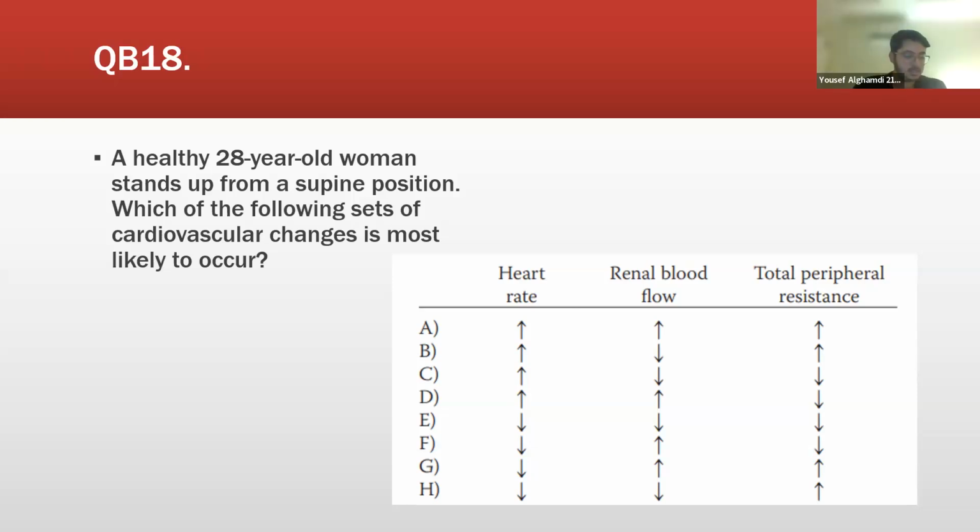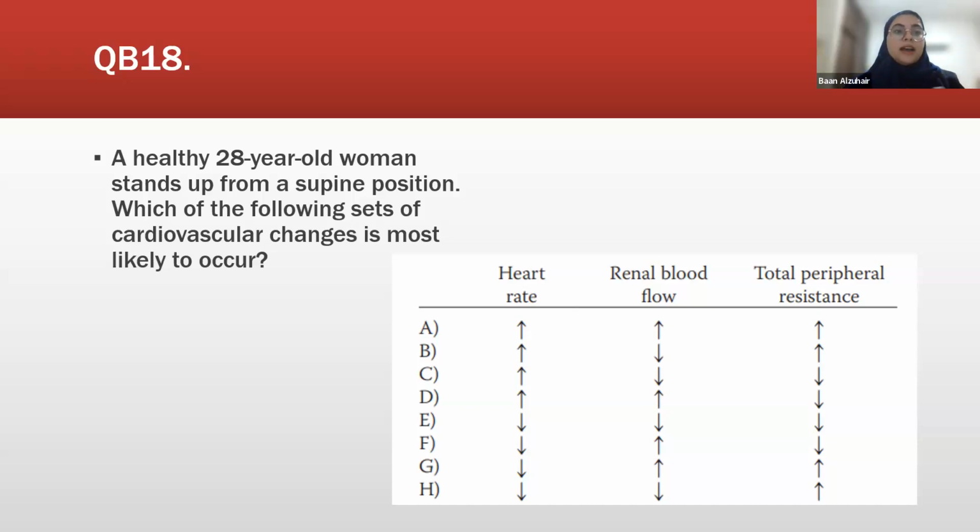That's good thinking, yeah, Yasser. Yasser said the heart rate increases, you are correct. Okay, that limits our answers to A, B, C, and D. We can eliminate everything else. Okay? So, what happened to the renal blood flow? Mm, let's leave renal blood flow. Let's go to total peripheral resistance. Okay? So, the total peripheral resistance would increase, right? Yeah, I would say so.